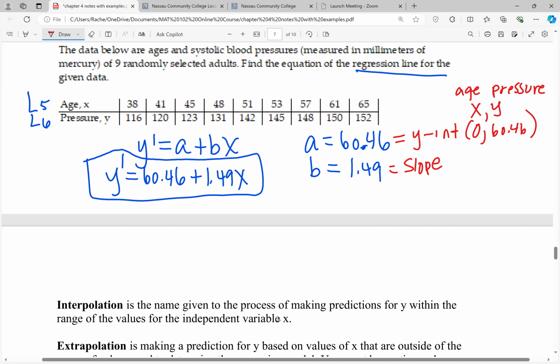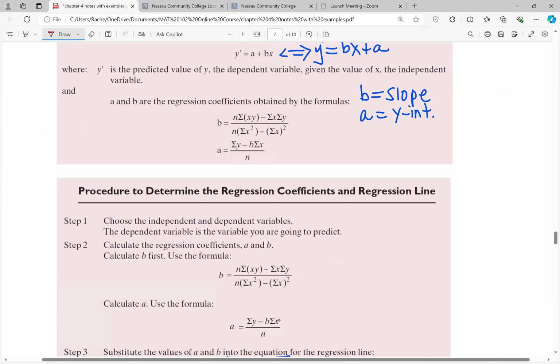But now what happens as age increases, right? So now we want to look at that rate. What's the rate of change? So let's look at the slope. Remember, we always want to think of slope as a rate of change. So you want to look at it as a fraction. Anytime you want to make a fraction like this, 1.49, put it over 1. Now remember, the slope represents the change in y with respect to the change in x. Now, y in this case is blood pressure, right?